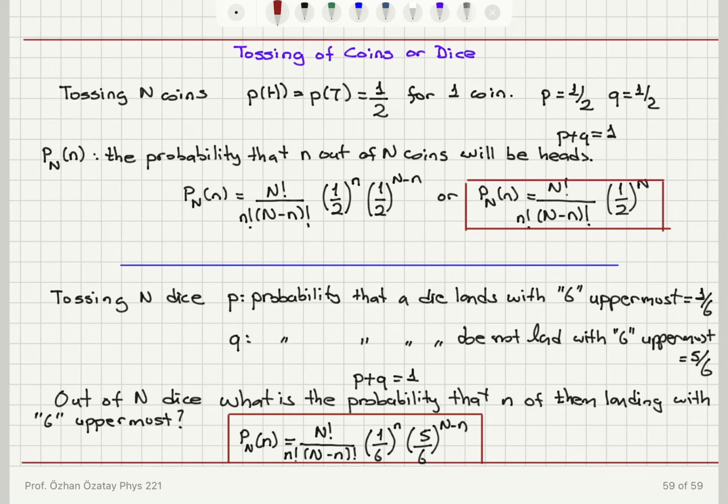If I'm tossing capital N dice, and the question I'm asking is the probability of n of them landing with 6 uppermost, then I have to ask for one die, what is the probability of landing with 6 uppermost? It's 1 over 6. Not landing with 6 uppermost, non-occurrence, is 5 over 6. The answer will be given by the binomial distribution again. Combinations multiplied by 1 over 6 to the power n, 5 over 6 to the power capital N minus n.